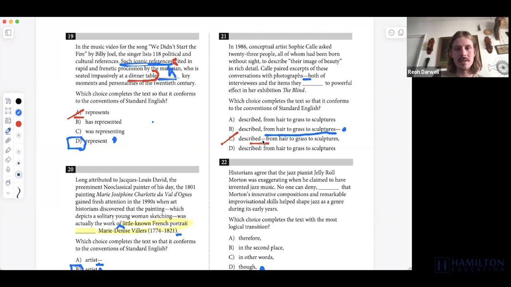If you end like C, our non-essential phrase after described with that dash, now all of a sudden from hair to grass to sculptures is essential and describes where the photographs are coming from, which doesn't make any rational sense. All right. So our only answer choice which puts the whole non-essential unit within the pair of dashes like we need to is B. And that's why it is correct.